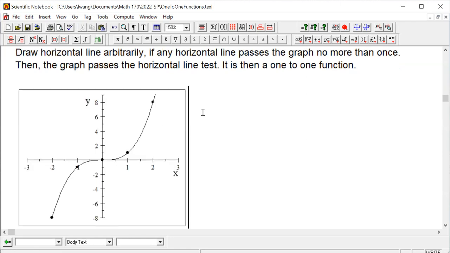It already passes the vertical line test. It also passes the horizontal line test. So let's draw a horizontal line arbitrarily. Suppose I'm drawing this horizontal line. You can imagine I draw as many as possible. It crosses the curve once. None of them crosses more than once. You can draw as many as you wish. It passes the horizontal line test.